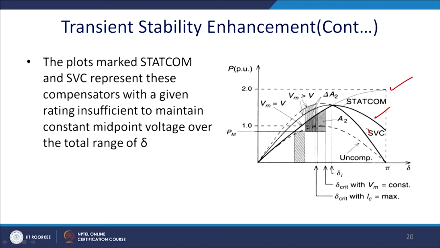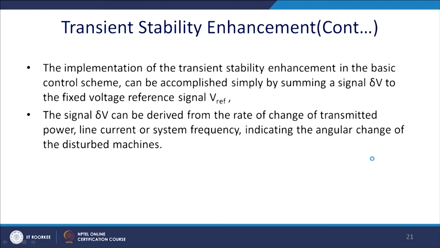So, the plot marks STATCOM and SVC, this compensator with the given rating is sufficient to maintain the constant midpoint voltage for the total angle delta, because this is basically 0 to pi. So, thus it increases the transient stability.